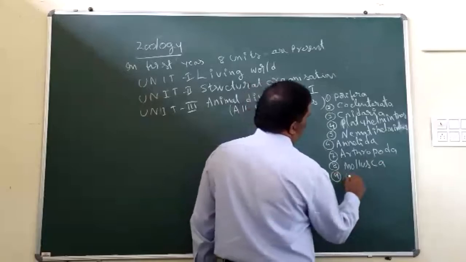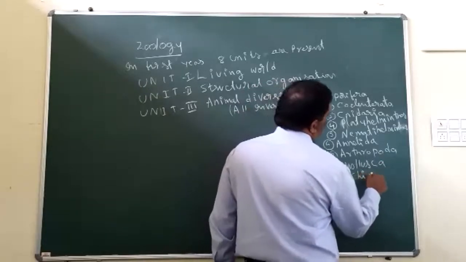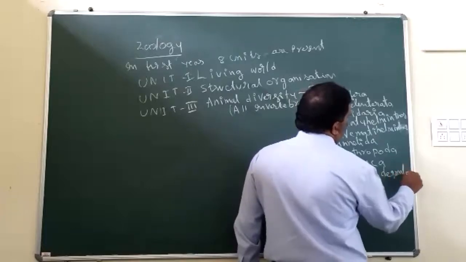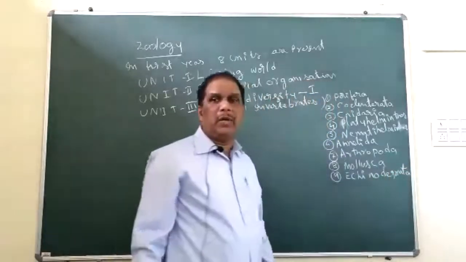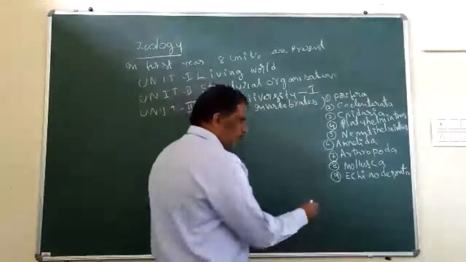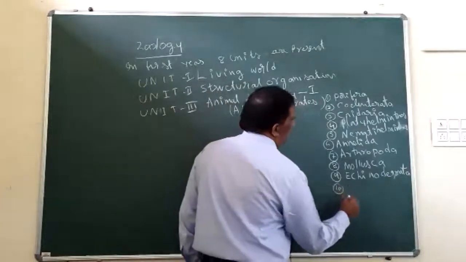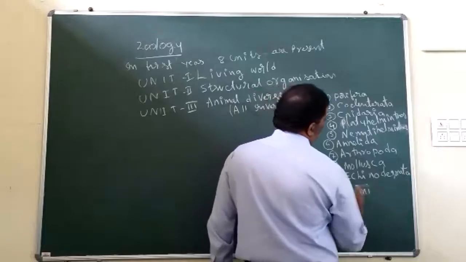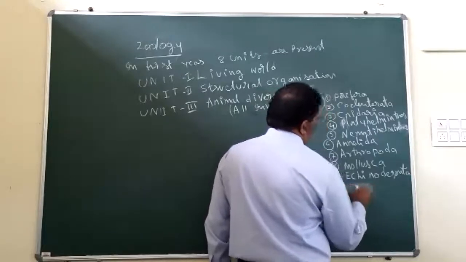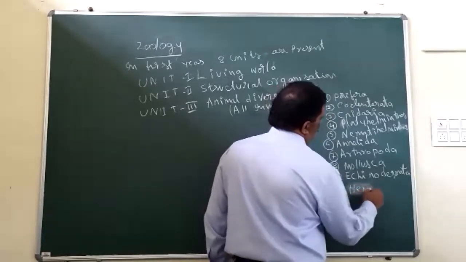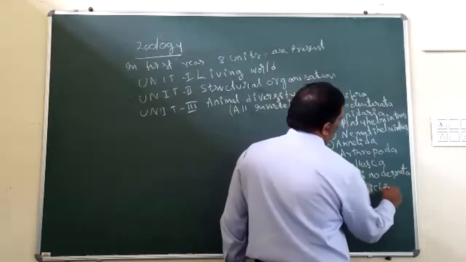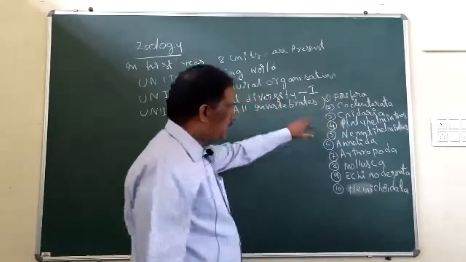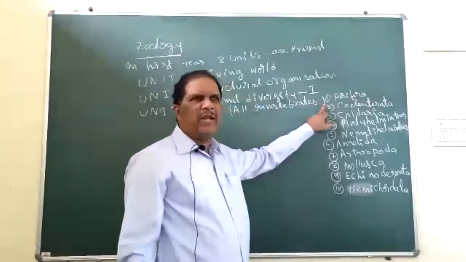Ninth one is Echinodermata. And 10th one is Hemichordata. So all these are the invertebrate phylums.